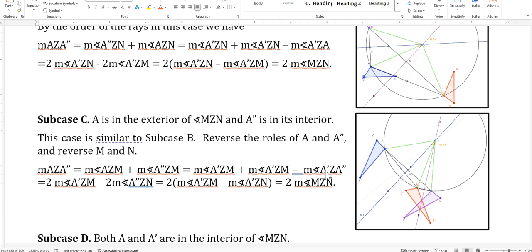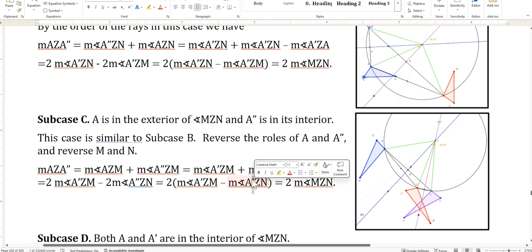But this angle A prime Z A double prime is twice this angle from N to Z to A double prime. Right? That's what I have here. Factor out the 2. That should have a double prime.